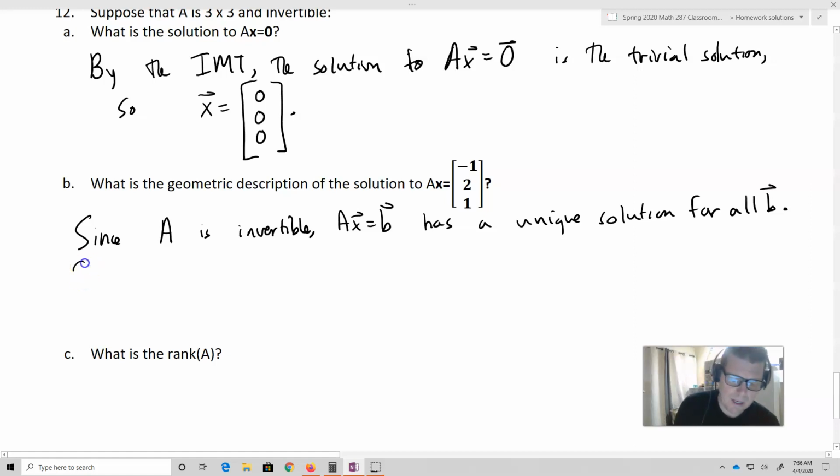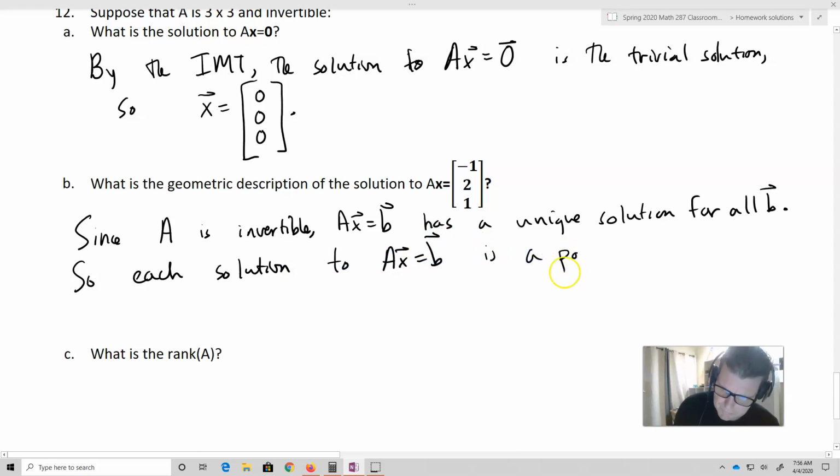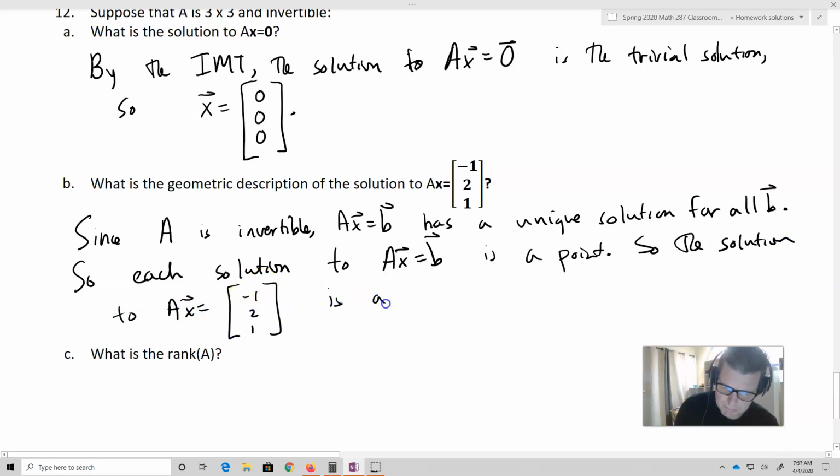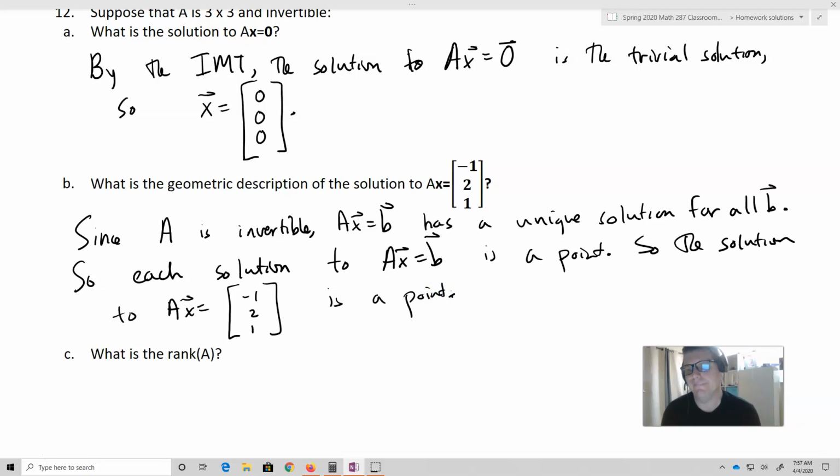Each solution to AX equals B is a point. So the solution to AX equals [-1, 2, 1] is a point. No free variables. What does it mean to have no free variables? It means that it's zero dimensional. What's zero dimensional? A point.